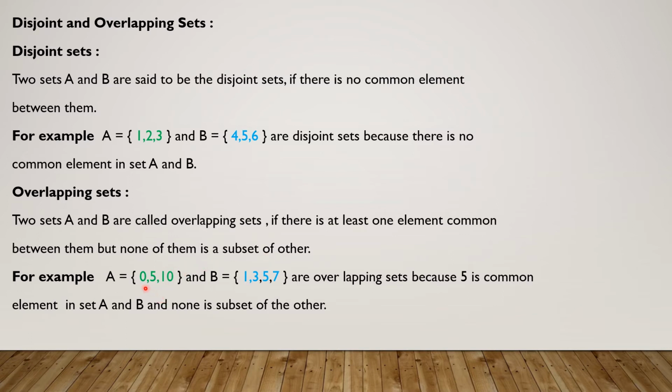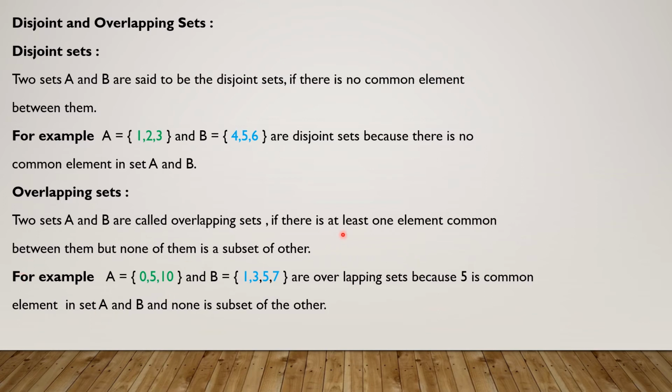Subset means that all the elements of set A are in set B. Subset means that all the elements of set A must be present in set B, then we will say that A is a subset of B. Now we know that all the elements of set A are not present in set B, meaning A is not a subset of B. Similarly, all the elements of set B are not present in set A, so we will say that B is not a subset of set A. Both conditions are satisfied.